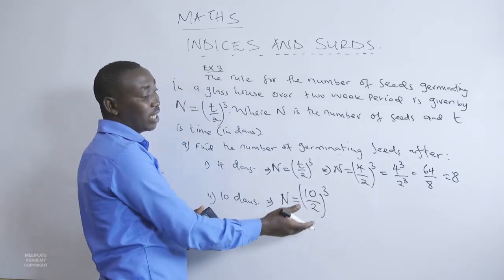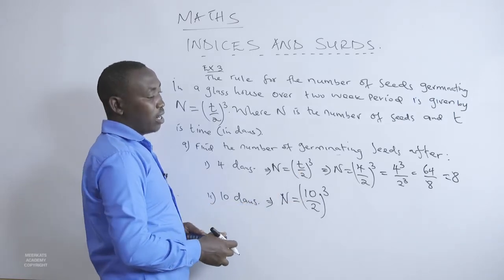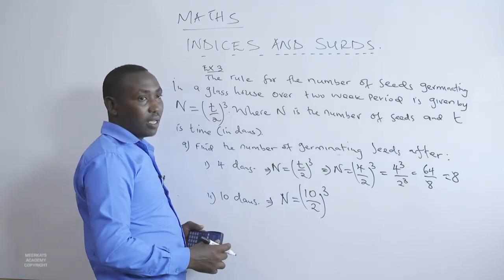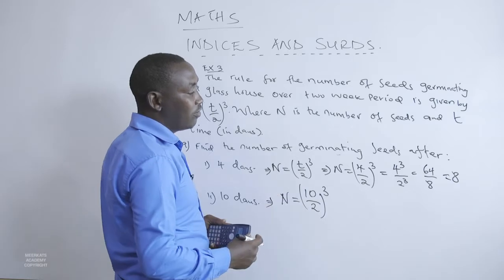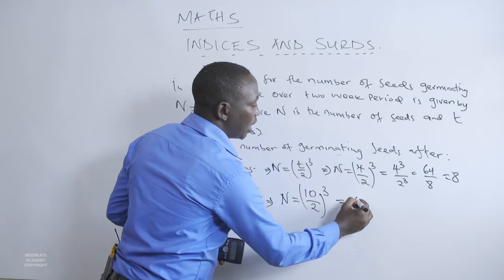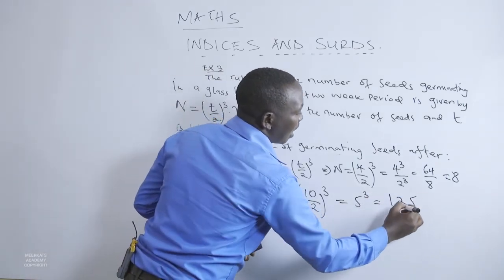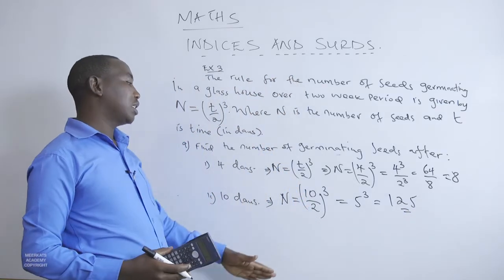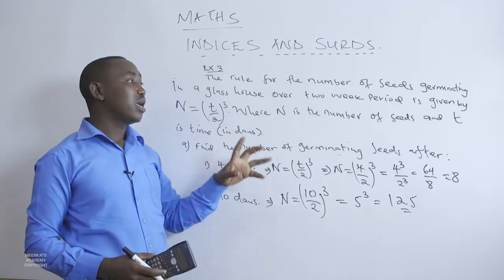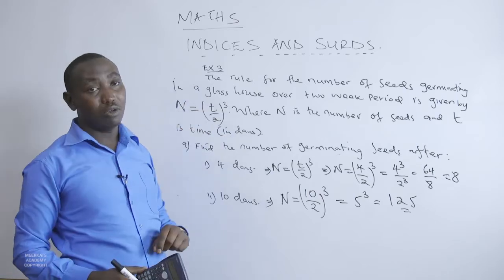Again, you can choose to first divide, then proceed and raise it to the power of 3, or you can raise each one of them independently to the power of 3, then divide. So let us choose the first method where we first divide. We know that 10 divided by 2 is going to give us 5. 5 raised to the power of 3 is 125. So this will tell you that after the 10th day, we shall have 125 seedlings germinated in that particular glass house.